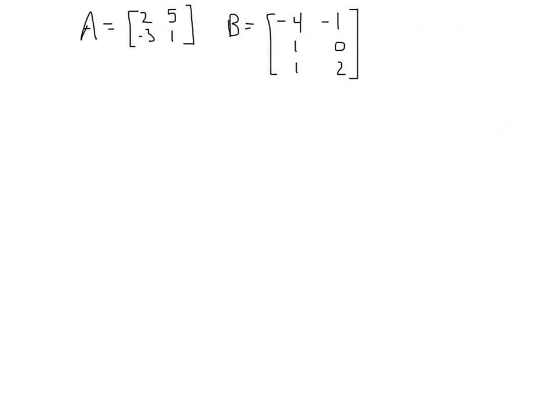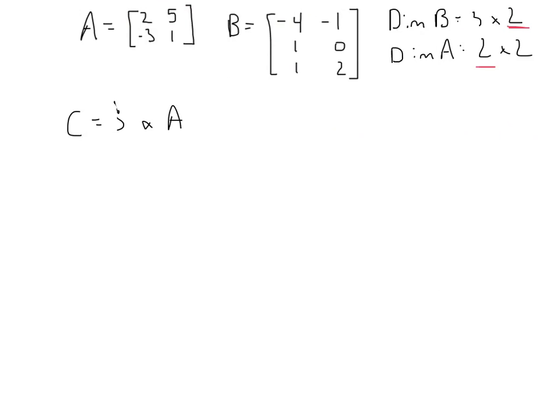The dimensions of B are 3 by 2, and the dimensions of matrix A are 2 by 2. And so we note that now the number of columns in the first matrix matches the number of rows in the second matrix. So I'll say C is equal to B times A. Well, that doesn't really look like a B at all, does it?